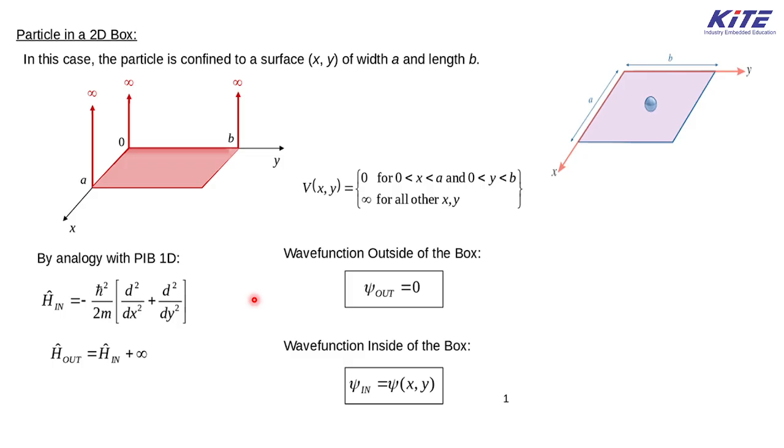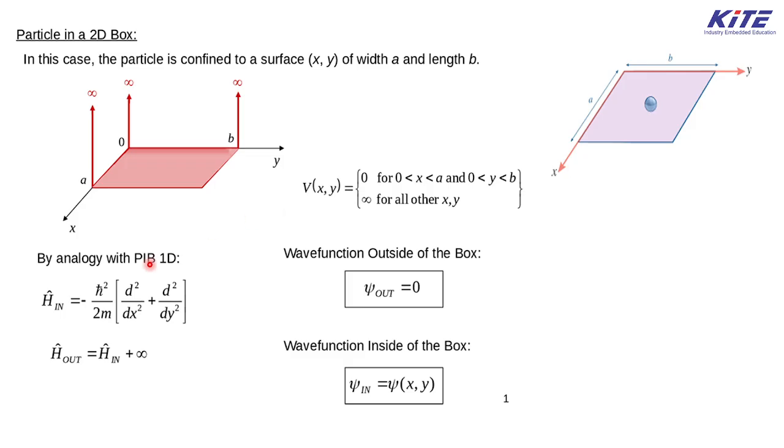In this case, the potential energy V of x comma y is given by 0 for 0 less than x less than a and 0 less than y less than b. So two conditions there: 0, and the other one is infinite, for all other x and y.